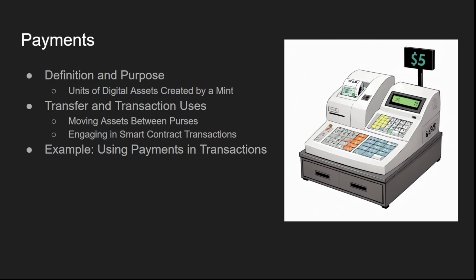Payments are a fundamental part of the Agoric ecosystem, enabling the movement and transaction of digital assets in a secure and controlled manner. Next, we'll look at issuers, which play a critical role in validating and managing digital assets within the Agoric platform.